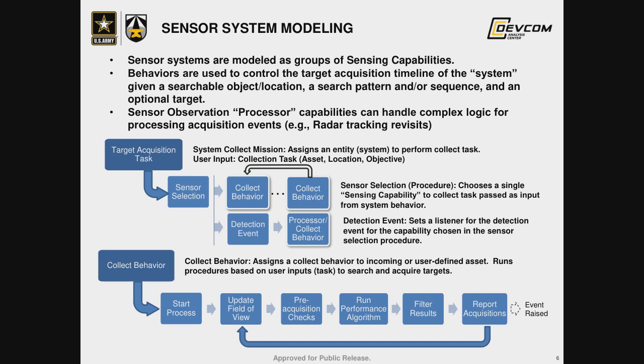As that happens, you're jumping back up to the top diagram. Say a detection event did occur, you can then process that information, and maybe there is a different behavior you need to do, say zooming in on that object to look with a higher resolution mode of a sensor, or maybe a completely different sensor.